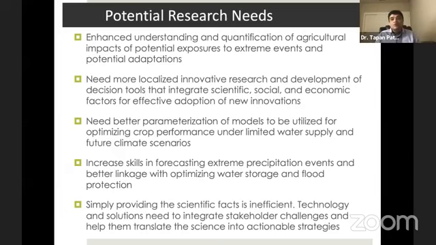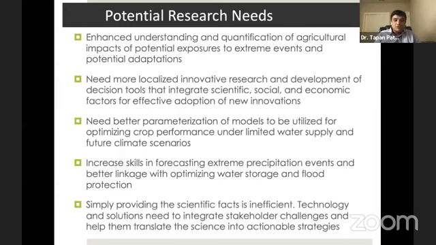We need to make a lot of effort to quantify and build a good inventory so that we can work towards the adaptation side. In terms of research, if we really want to make an impact, it has to be locally relevant, and we need to be more holistic, involving scientific, social, and economic factors, because a lot of times economic factors are the drivers, right?